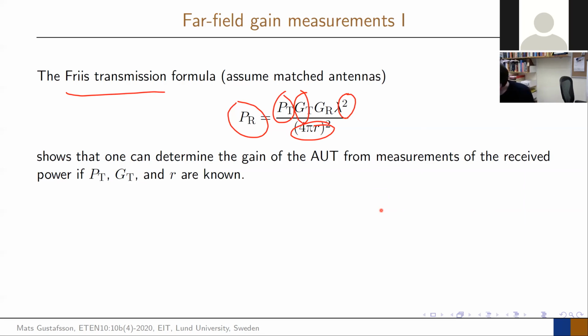That means that from this I can determine the gain of this antenna, here G_R.